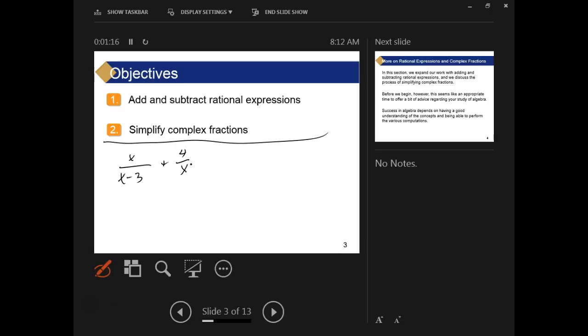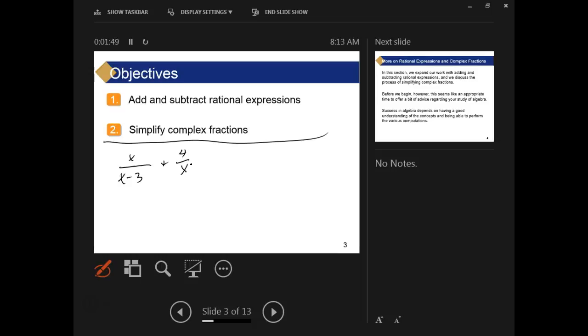Now, one of the things I typically say, and I don't always, but I usually try to think it anyway. When I look at a problem like this, one of the first things that pops into my mind is what values of x do we have to exclude here? What value of x do you not want this to have? 0 for here.